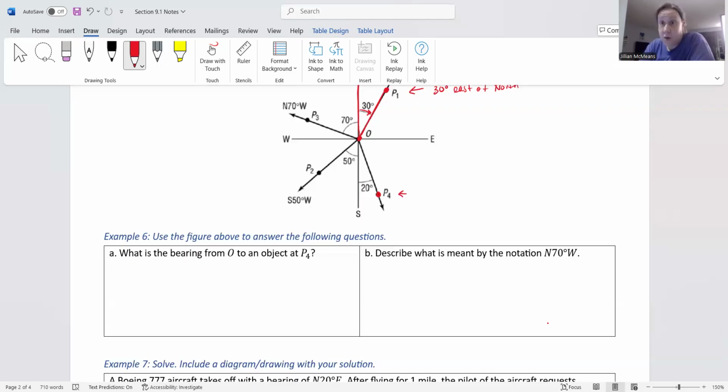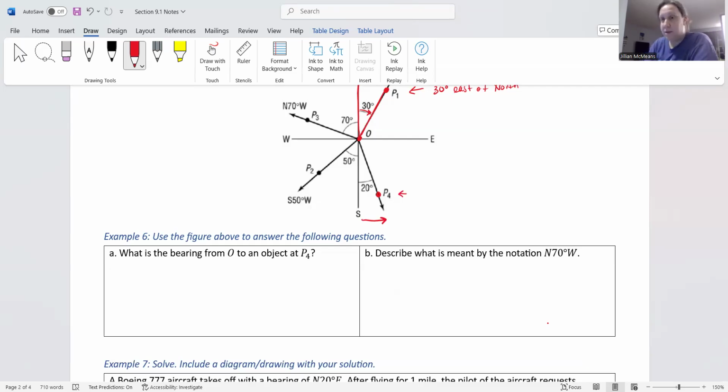Okay. Well, what would the bearing be? Well, we're definitely south. Okay. So you always kind of find your origin, whatever that is, whatever it's labeled as, and you're either going north or you're going south. Okay. And then you're going to have to figure out, okay, from south or from north, am I to the east or am I to the west, and how many degrees? Okay. Well, in this case, we are definitely east of south. Okay.